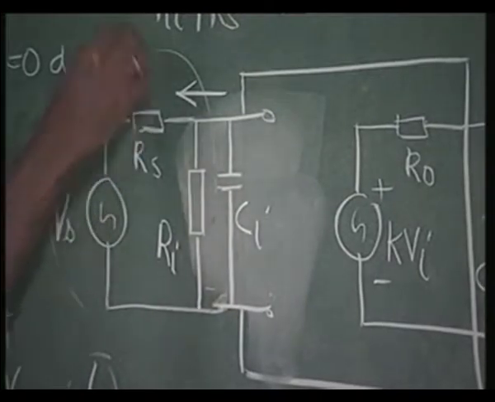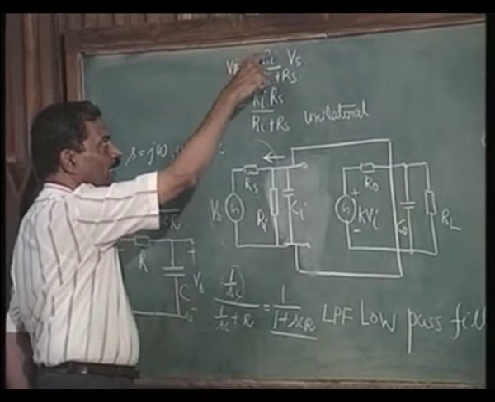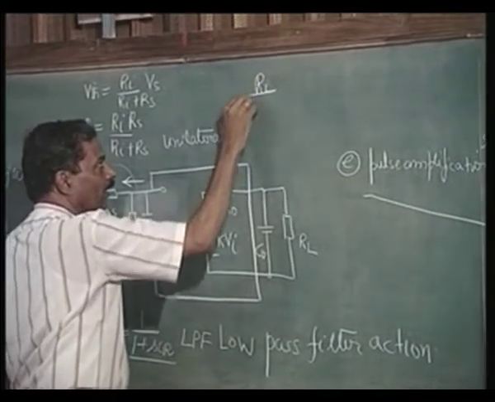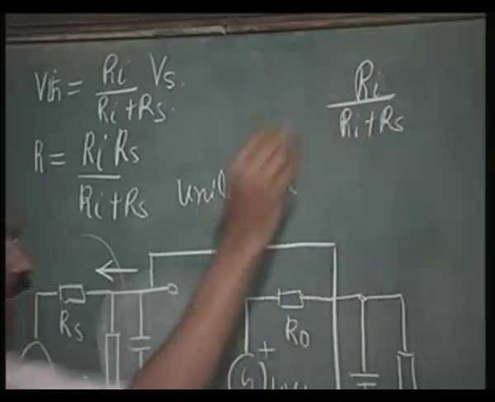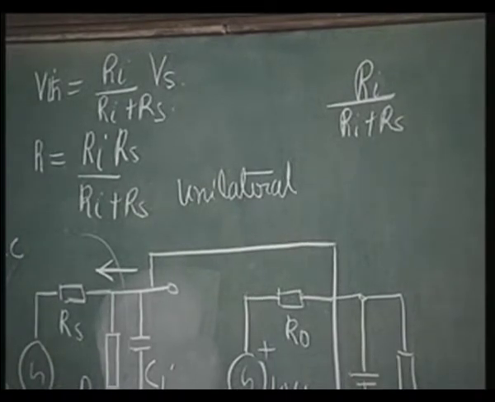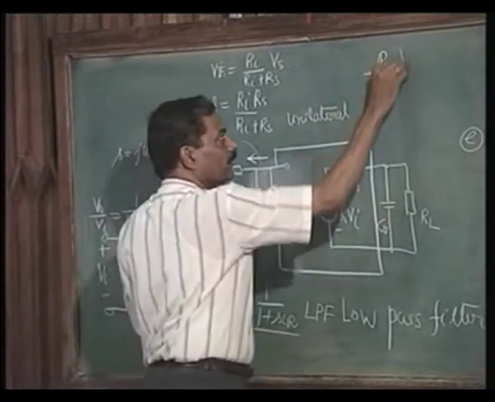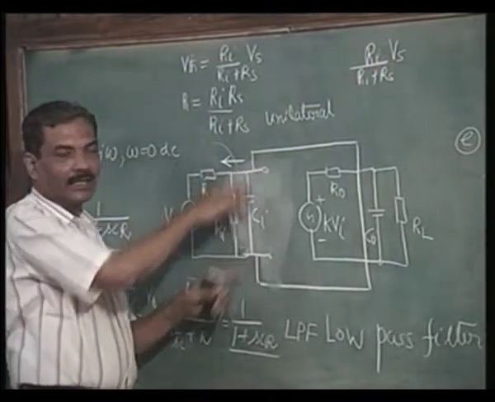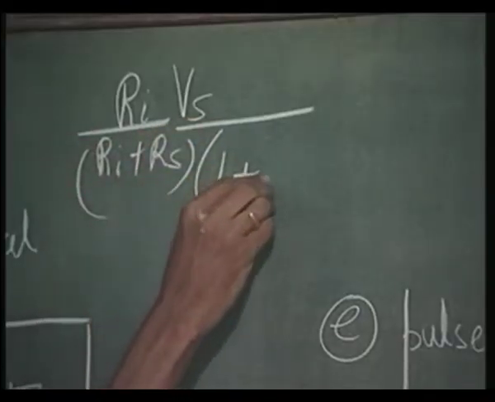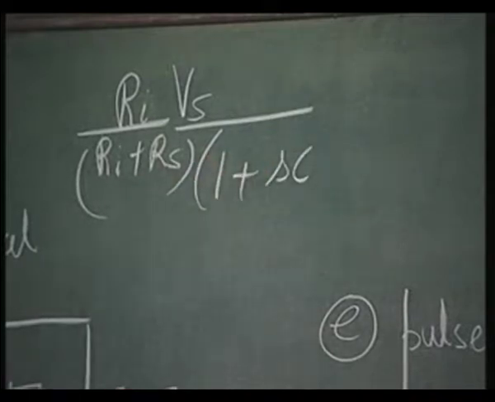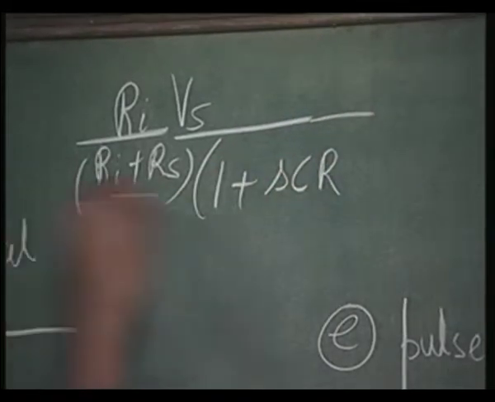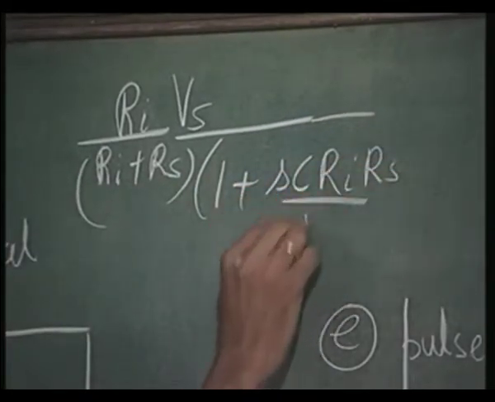So, we have the Thevenin's voltage here as Ri by Ri plus Rs. This we had got earlier also, was the attenuation of this Vs when it comes here as Vi. Apart from this, we have 1 plus SC into R equivalent, this R, which is Ri Rs divided by Ri plus Rs.